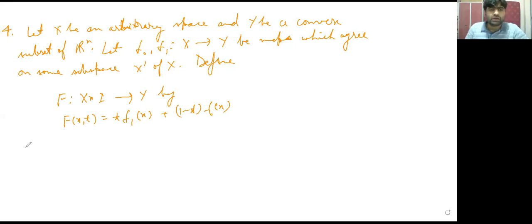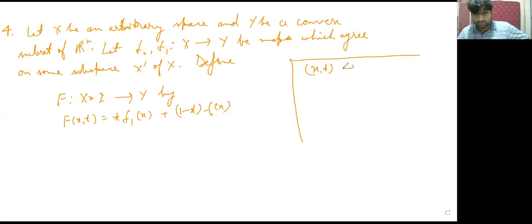So again, this capital F is a map, that is a continuous function from here to here, because you can consider this map (x,t) to t, then (x,t) going to 1 minus t, right? Of course, f1 and f naught, they are already maps.